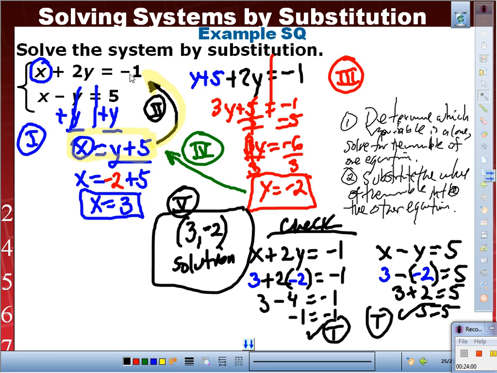All right. Step 3, everyone. What do we do here in step 3? Solve for the variable. What do we do in step 4? Substitute what?